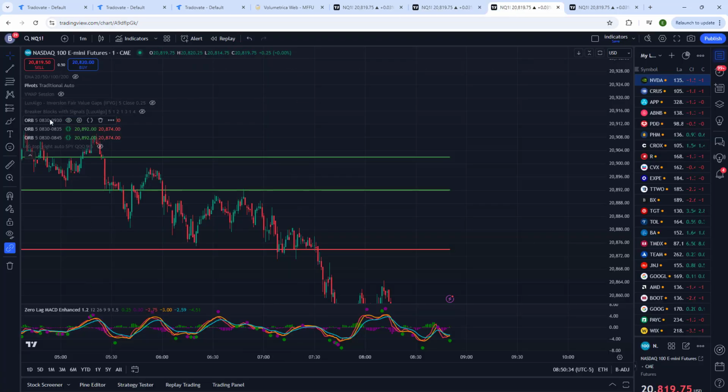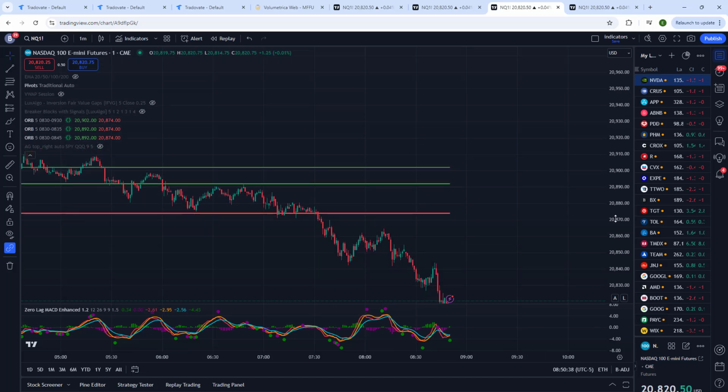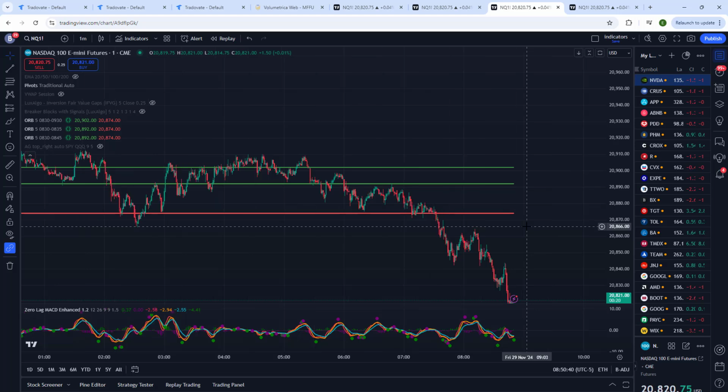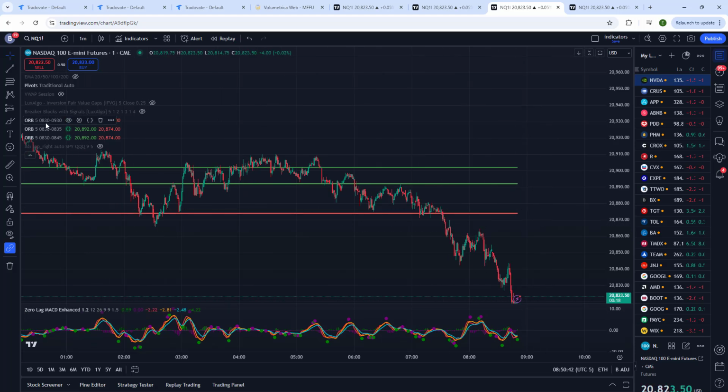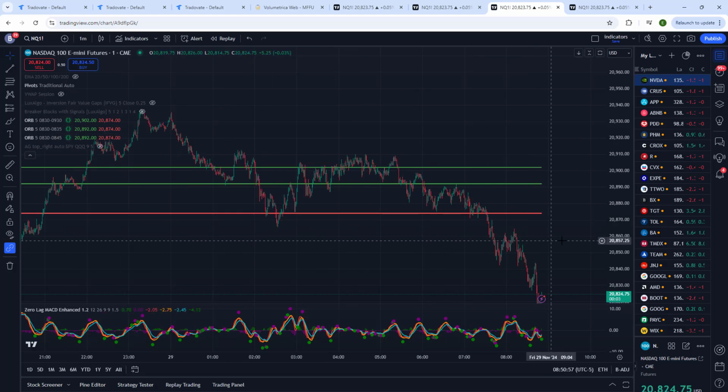And then I go over here and I have all my opening ranges that I can play for support and resistance. Disregard, it says 8:30. That's really 9:30. The hour is off by an hour. So basically I have the hourly trading range, the first 5-minute trading range, and the first 15-minute trading range.